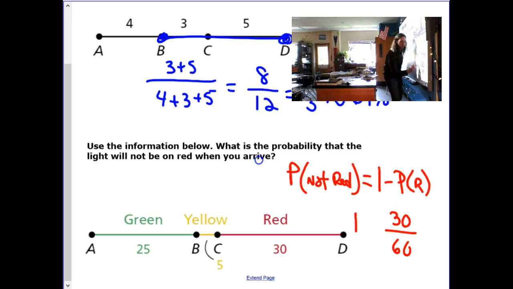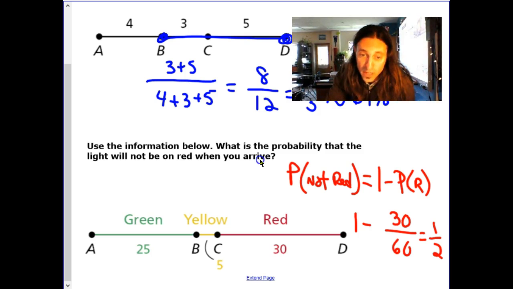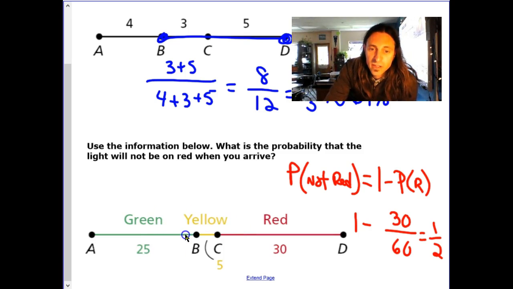So it'd be 1 minus that, and that's 1/2 or 50%. Of course, the other way to do it would be to say, what's the probability of not red? That would be the probability of green, 25, plus yellow, 5. That's also 30 out of an entire 60-second cycle. And again, that cycle then repeats after it.